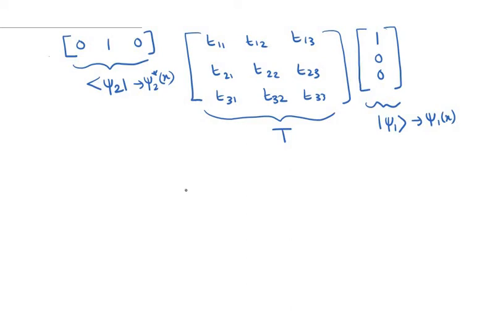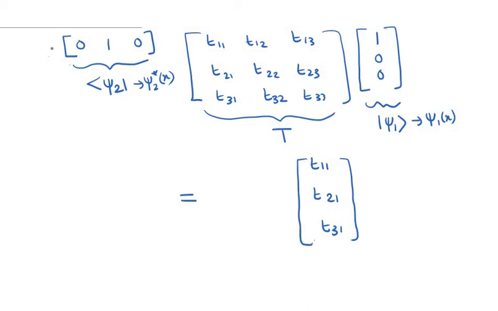Okay, now what do I get? Only one element here is 1, and the other two are basically zeros here. So when I do the first row multiplication with this one, I basically get T11. When I do the second row multiplication with this one, I basically get T21, and when I do the third row multiplication with this one, I similarly get T31.